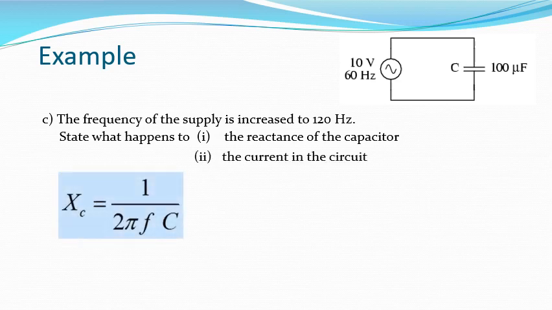So if we look at our relationships, if we're doubling the frequency, we're going to divide by a greater number. In fact, it's going to be divided by twice the number, so the reactance is going to decrease. It's going to be half of what it was previously. If the reactance is half of what it was previously, then the current is going to increase. In fact, it's going to be double what we calculated earlier.